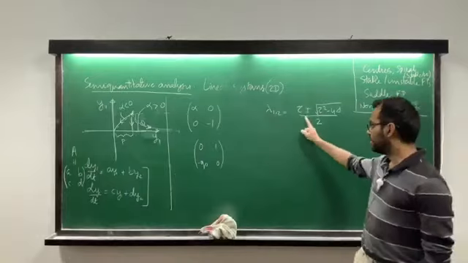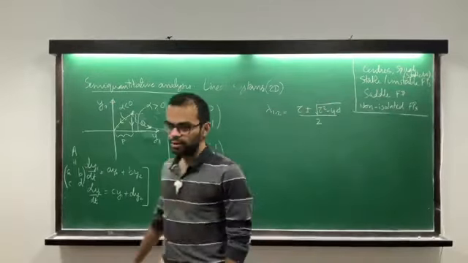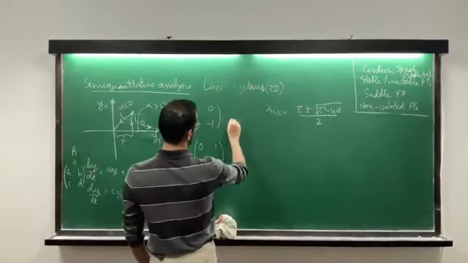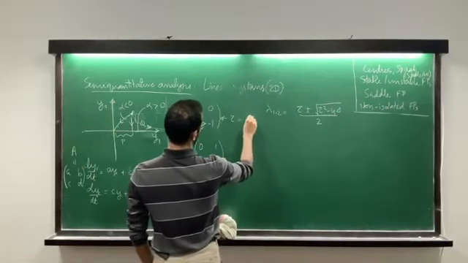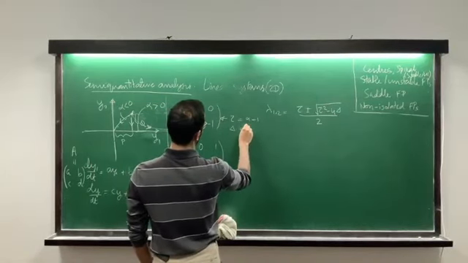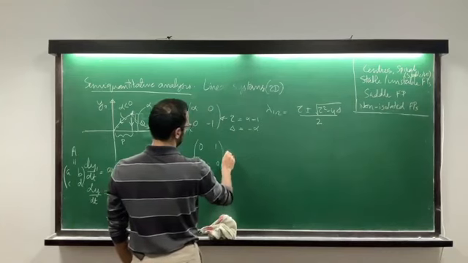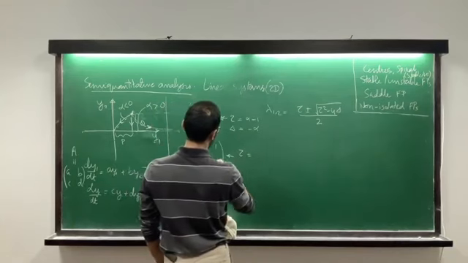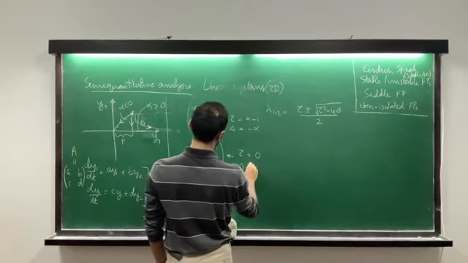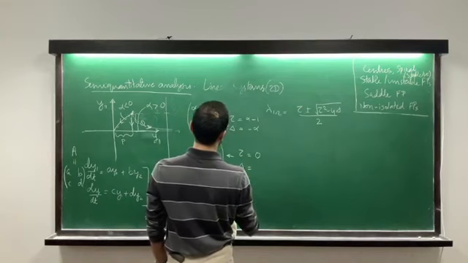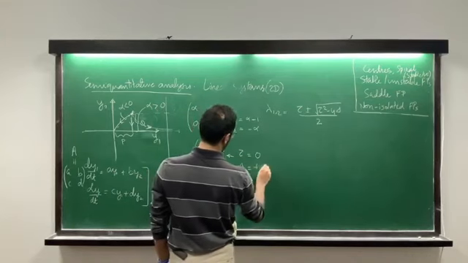If you apply this to these two, the trace for this one is alpha minus 1 and the determinant is minus alpha. For this one, the trace is 0 and the determinant is plus q naught.